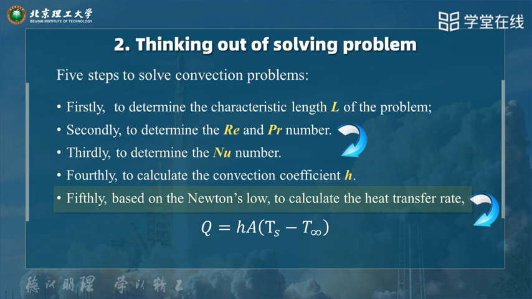Fifthly, based on Newton's law, we calculate the heat transfer rate, because Q always equals h A times the temperature difference. Generally, the temperature difference is easy to measure, and A is the area, also easy to obtain. So if we obtain h, we can use this equation to calculate the heat transfer rate.